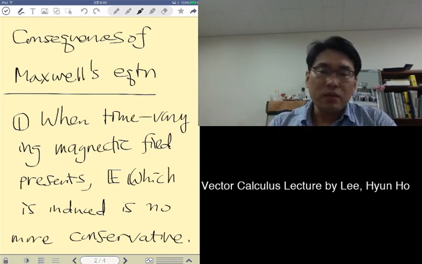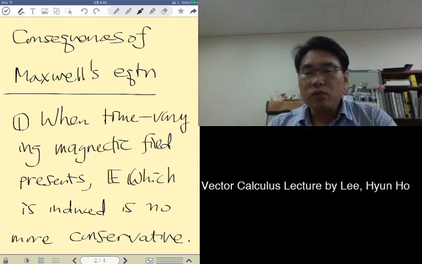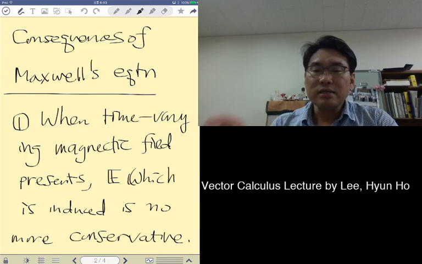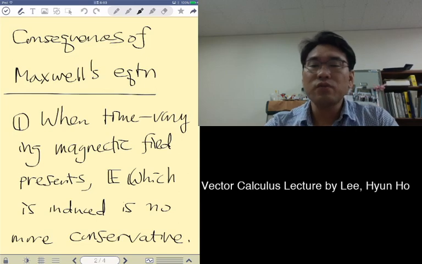So if it is conservative, then for any closed curve the line integral about that closed curve is always 0. That is one condition we can check.